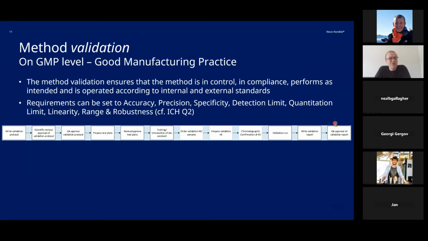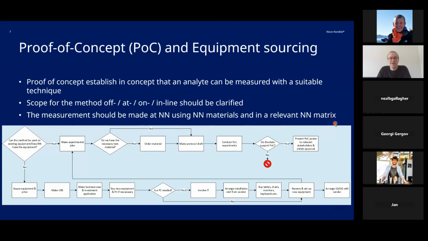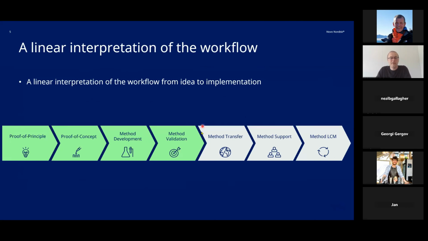But you're only good to go on the instrument that you actually brought into testing. So on the backside of this, you need to do method transfer. Typically, if you do your method validation on one site, you need to look into instrument variation. How is that handled, both on the PAT side and on the reference method side?